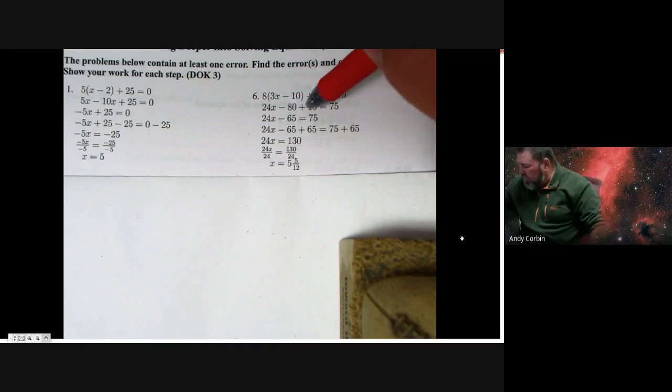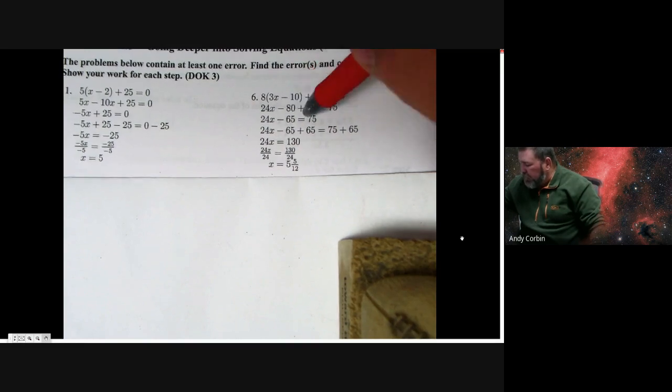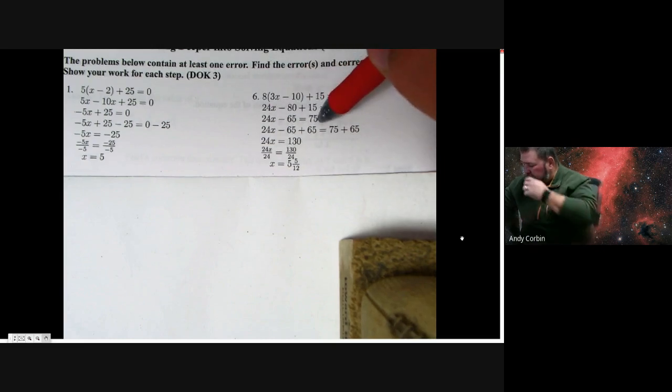And these are already on the same side. Constants are always like terms. So negative 80 plus 15. And Lucas, I really loved it when you said that you're actually subtracting. And the reason is because they're different signs, right? Signs are different, you subtract, keep the same sign. So from line 2 to line 3, they're golden, aren't they? They're good. They've gotten rid of all of the pre-shifts.